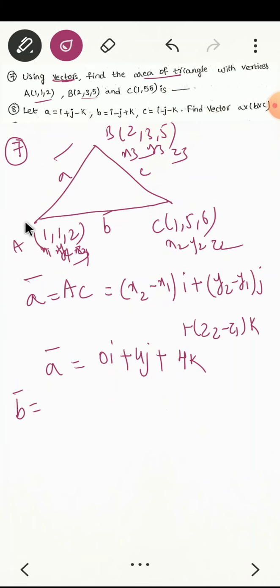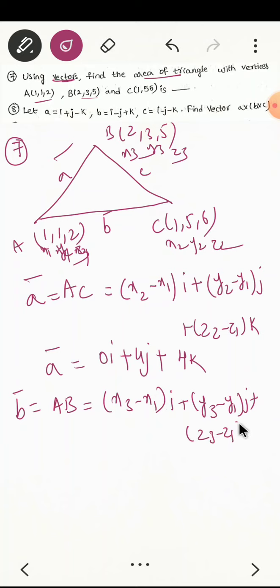AC you have done, now do AB. AB is equal to x3 minus x1 i plus y3 minus y1 j plus z3 minus z1 k.